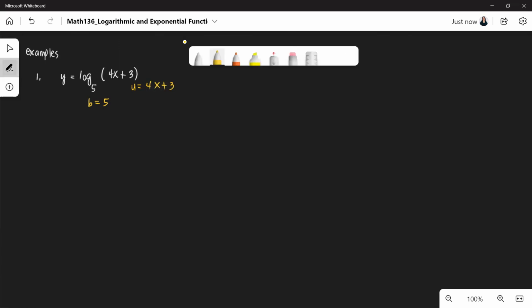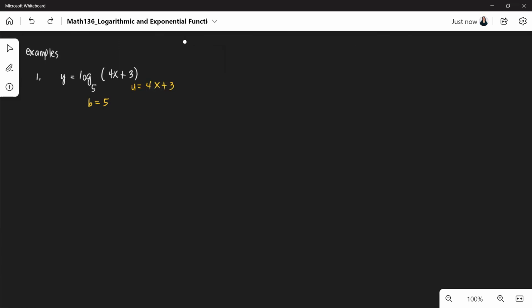Okay, so if you will be solving for the derivative of this function, dy over dx, or we can also write it as y prime, it's 1 over u according to that formula. So 1 over u is 4x plus 3, and then log of e to the base b, so b is 5. And then don't forget to multiply it with the derivative of u.